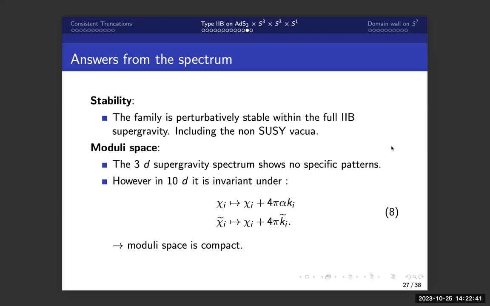But once you look at the higher modes, you find that some higher modes become light, and the spectrum maps into itself under a periodicity: if you shift the chi's by these integer multiples, the spectrum maps into itself. And so this is evidence that the moduli space is actually compact, and you cannot see it by simply restricting to the 3D fields.